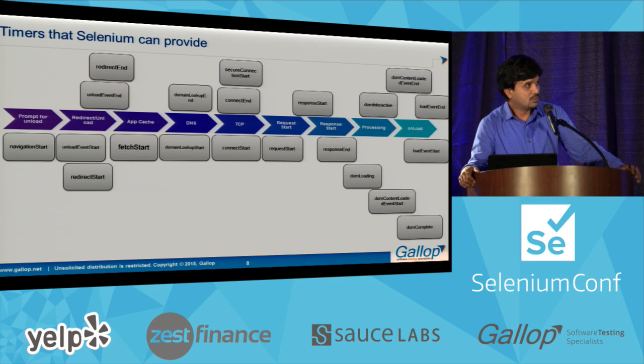Now these are pretty extensive counters that are available in the navigation timing API, which Selenium WebDriver can actually tap into and provide you with valuable information. It totally depends on you which counters you want to use. Most of the time, I end up using only load event end in order to get the end user perception of performance.